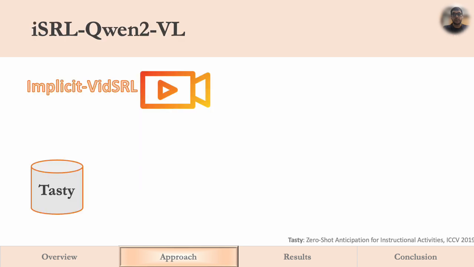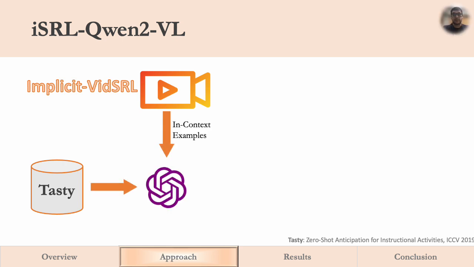We also fine-tune the Qwen2-VL model to improve the performance. However, we do not have a specific training dataset. Towards this, we follow similar techniques as in the prior works, that is, generate a silver standard dataset using GPT-4o and fine-tune the multimodal LLM using low-rank adaptation.